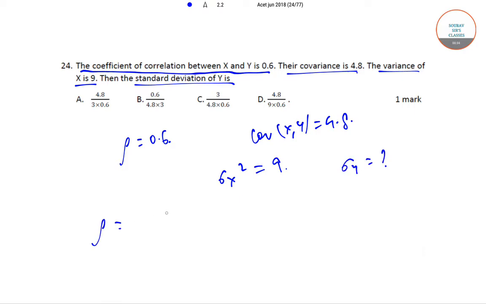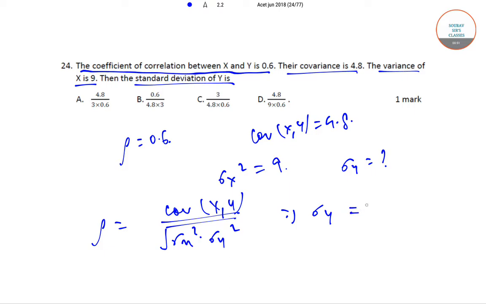Now we know rho is equal to covariance xy by root over sigma x squared into sigma y squared. From here we get sigma y is equal to covariance xy by rho into sigma x.